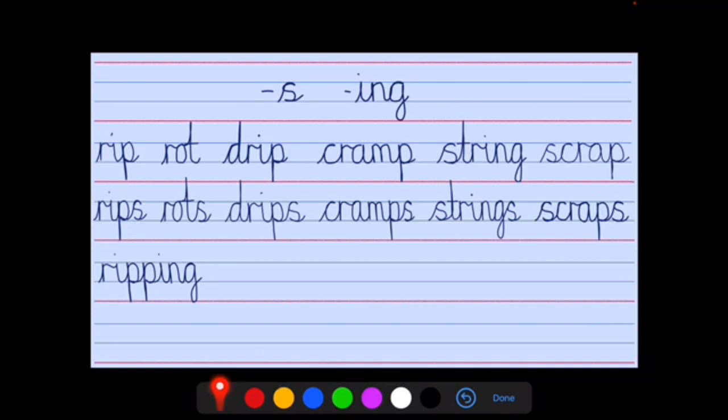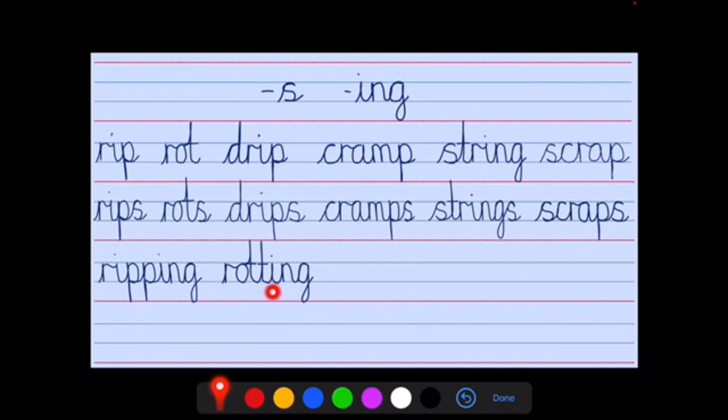Rot. That's the next word. Write it and then come back to me. Or maybe you've written it already whilst I chat. Rotting. There was only one T at the end of rot, so I doubled it.